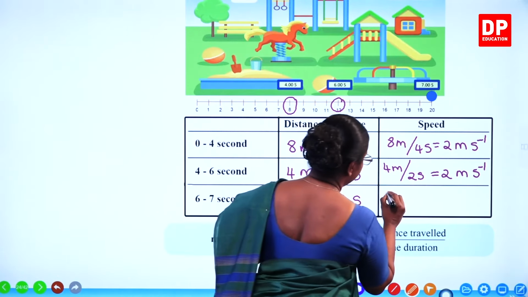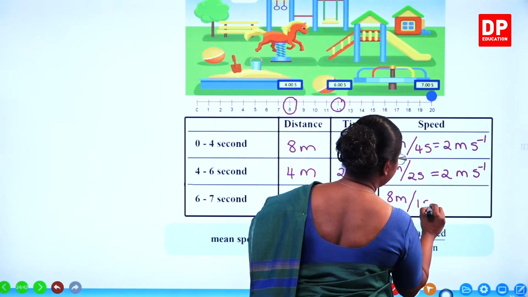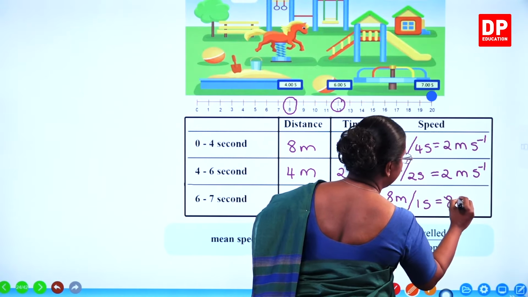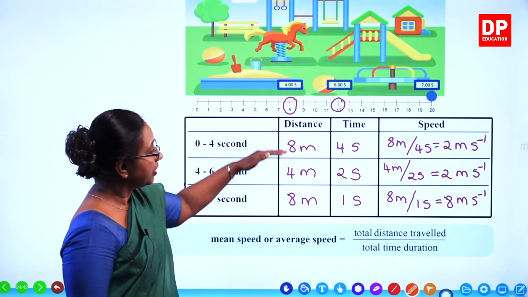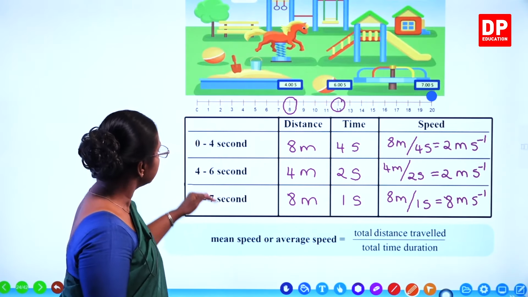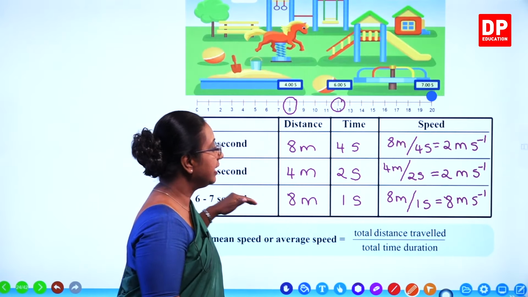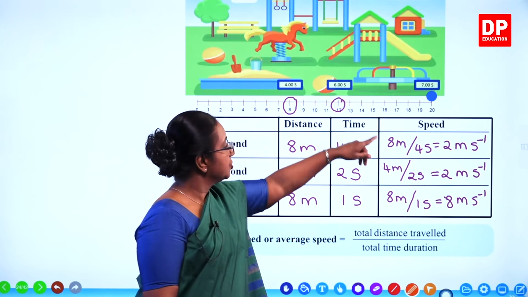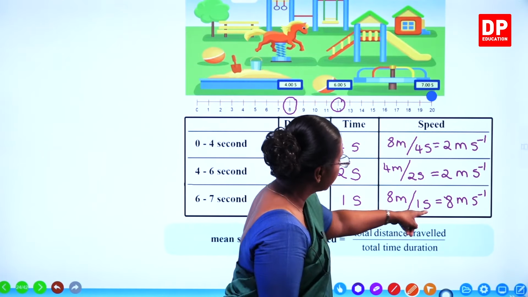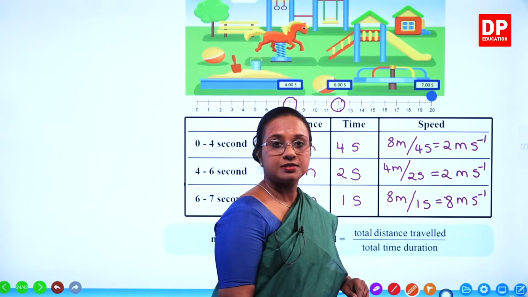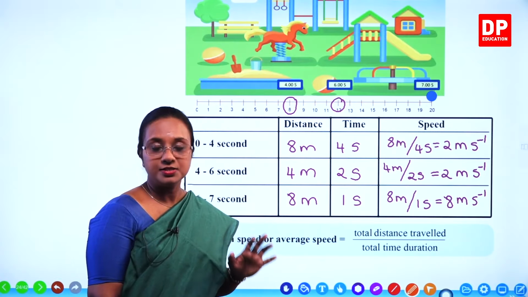So, therefore, if we calculate the speed, 8 meters divided by 1 second, that will be 8 meters per second. So, here you can see initially the ball moved with the same speed, but towards the end it moved faster. So, the first two values are 2 meters per second and the last value is 8 meters per second. Still, it is not a uniform speed.